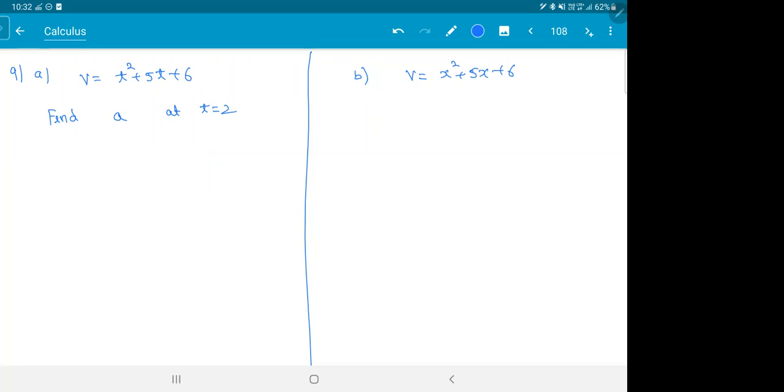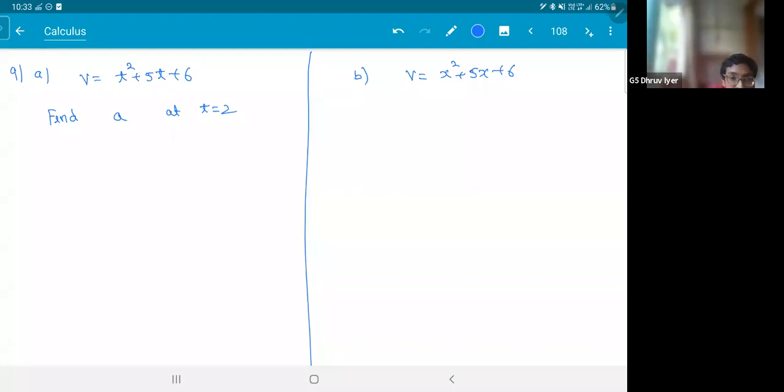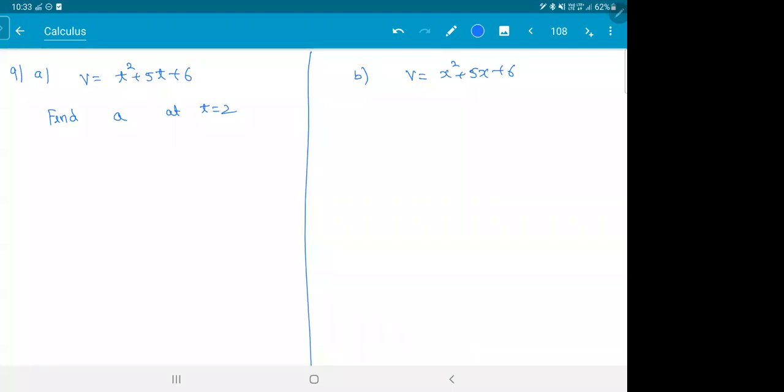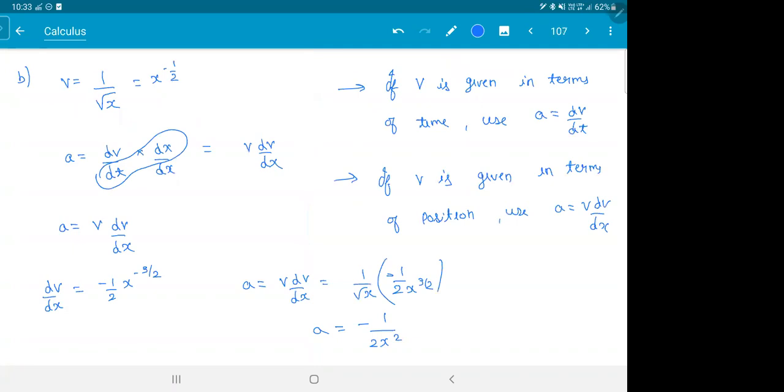Get the first part, 9a, first of all. Sir, can you go to the previous page? Yeah. This is find a at x is equal to 2. Yes, sir. Done.